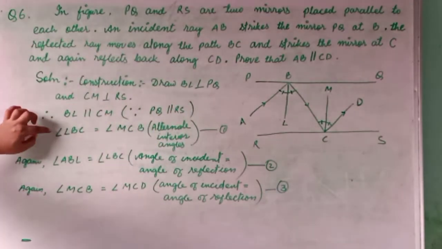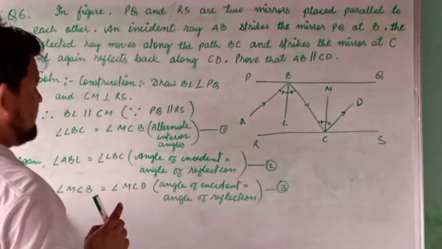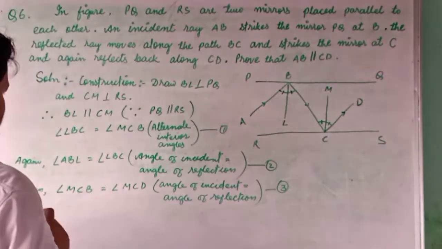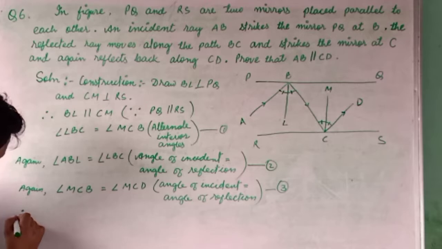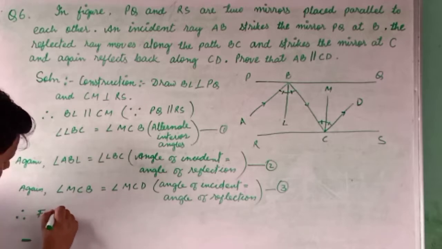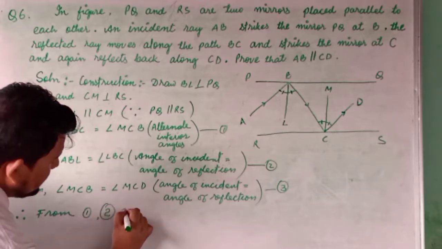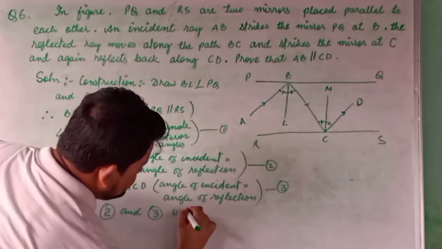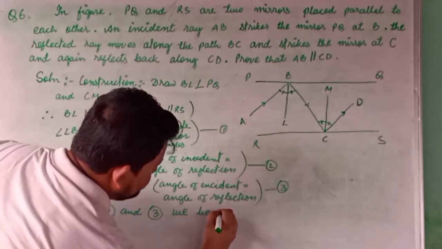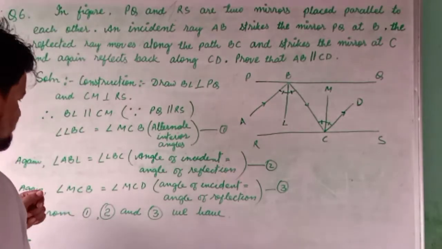So when we compare this 1, 2 and 3, see equations 1, 2 and 3, from this 1, 2 and 3, what we get here, you can take it very nicely. Okay, let me explain to you.